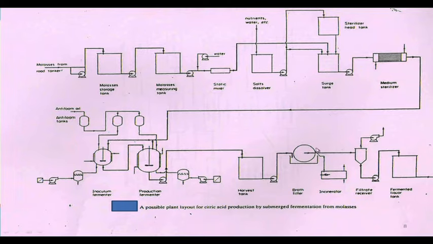Then it first passes through the rotary vacuum filter. You can see this is the rotary vacuum filter. When we pass it through this, the cell mass is separated. During the fermentation process, cell mass is very important, because it plays a major role in the production of citric acid. After the fermentation process, the cell mass is an impurity in the reaction mixture.